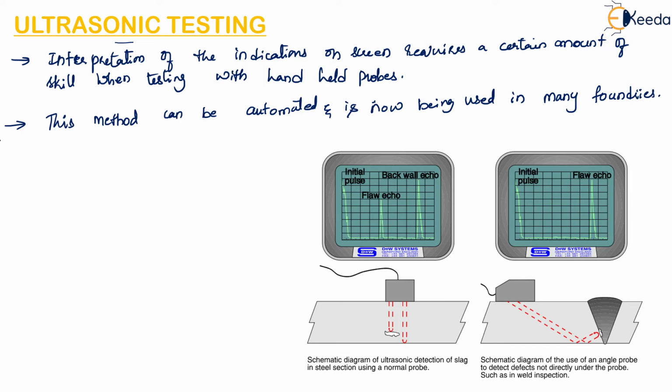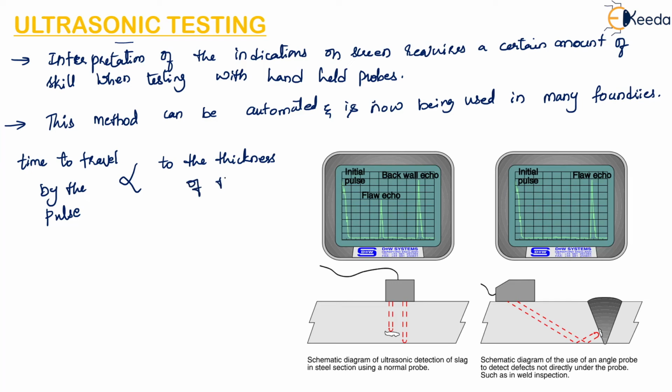So when the velocity is constant, as it is in a wide range of steel, in such cases the time taken for the pulse to travel through the material is proportional to its thickness. So the time taken to travel by the pulse is proportional to the thickness of the material through which it is traveling.